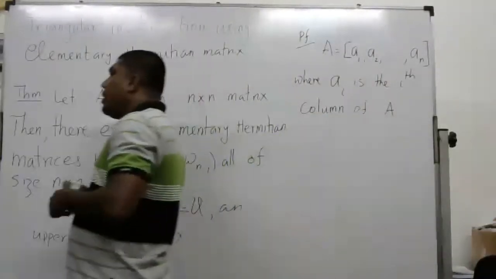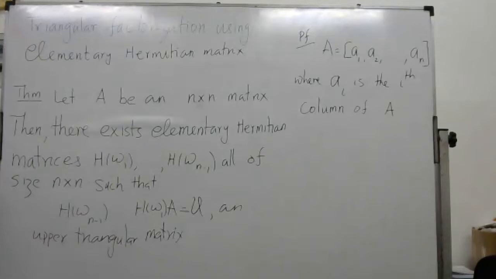Okay, so Ai is the ith column of A. This is how we rewrite the matrix in column-wise notation. Because A1 is the first column, it is of length n.